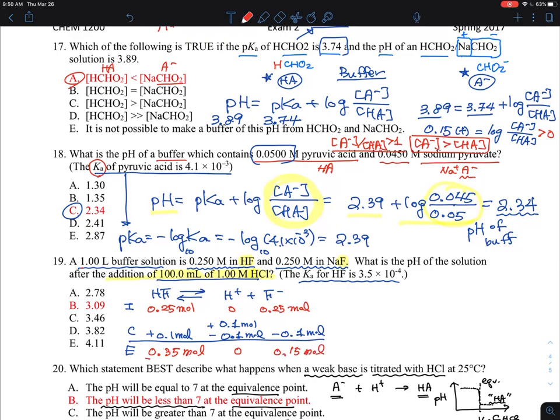That's your concentration of HA, and this is the concentration of A minus in this scenario. I can quickly calculate my pKa value, and the pKa value here is 3.46.